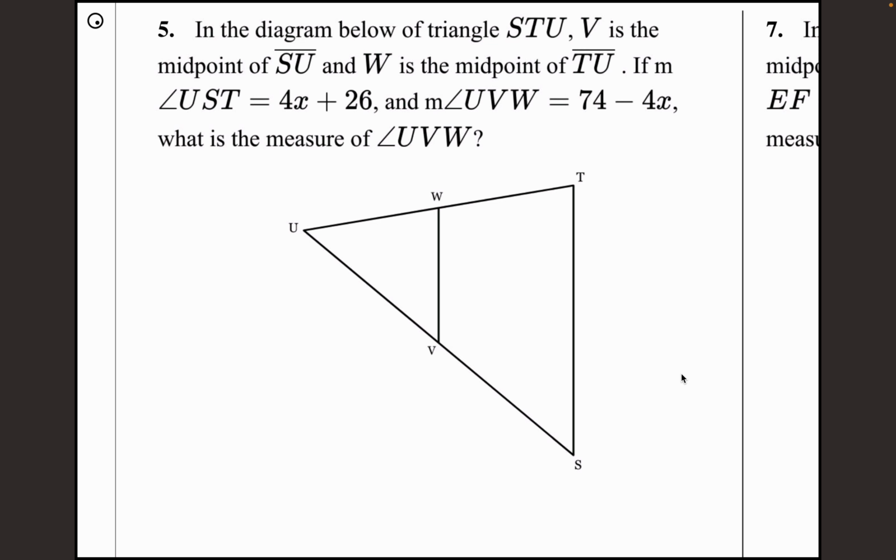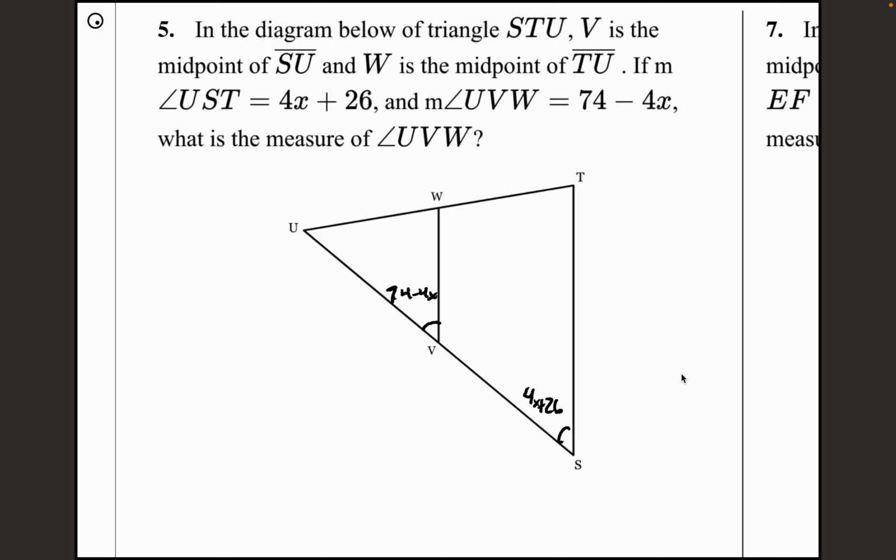So did we have to multiply or anything? No. So if I mark these angles right here, this angle is 4x plus 26. I'm sorry, I put it in the wrong spot. It's here. And then UVW is this angle right here, so that's 74 minus 4x.